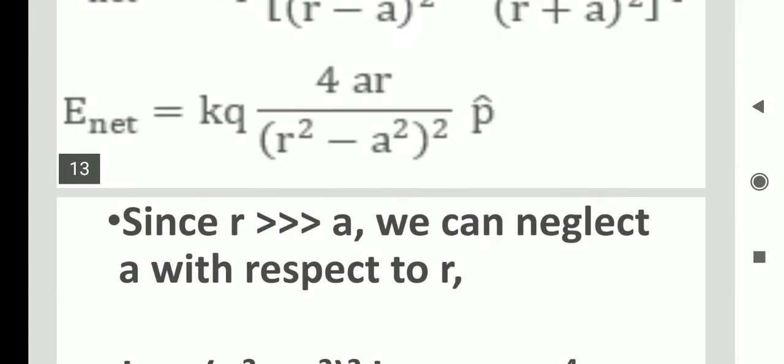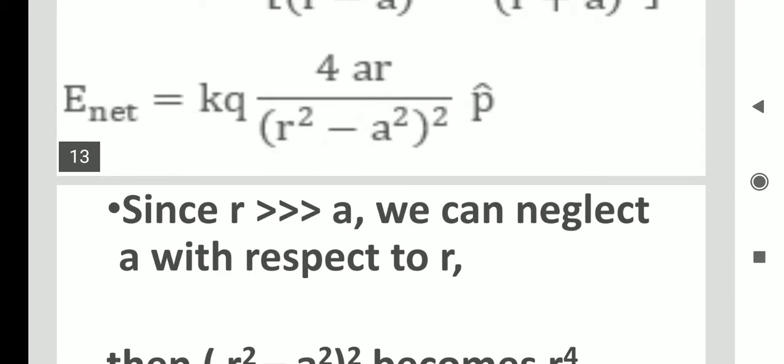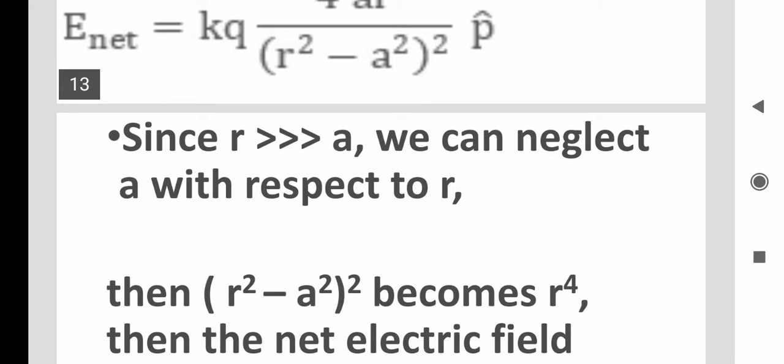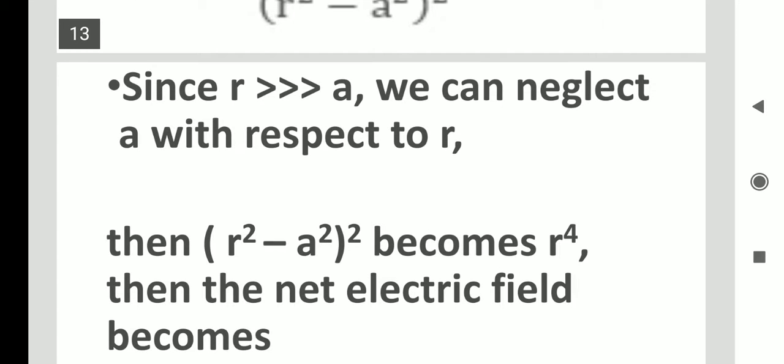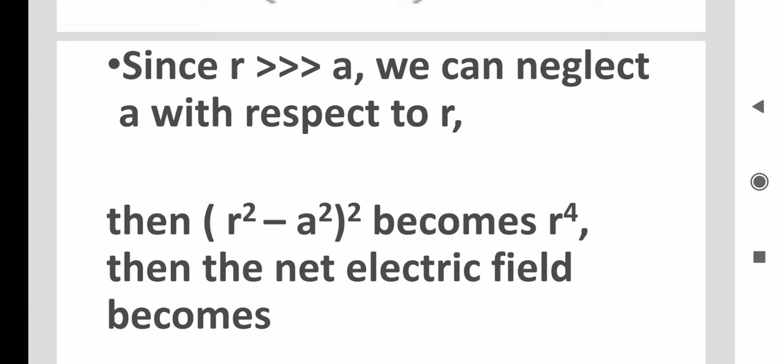But here we need to consider a particular condition: the value of R is much greater than A. That's the reason we neglect the value of A, because it is very small compared to R. So (R square minus A square) whole square becomes R to the power of 4, since A is negligible.